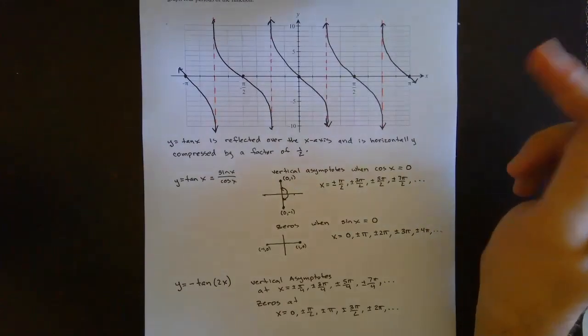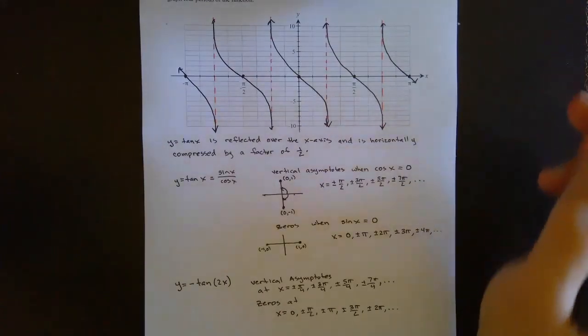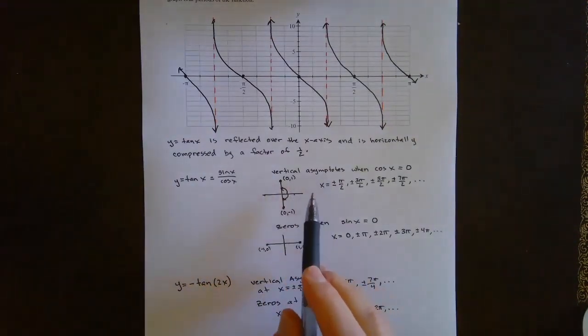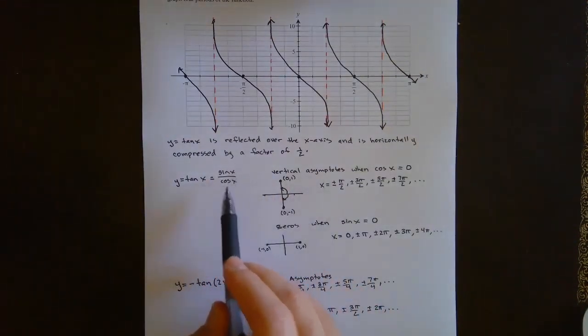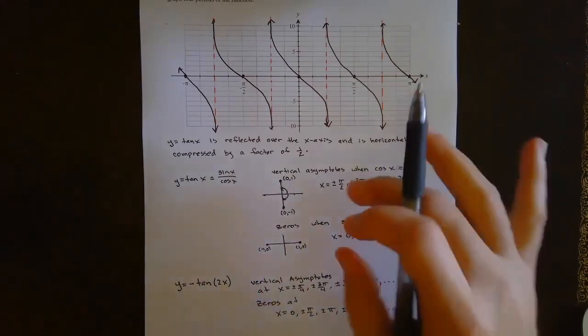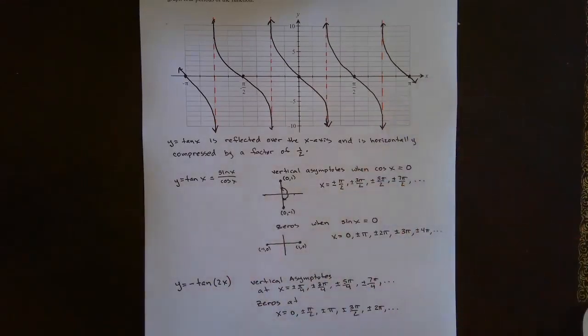What's important is that you realize what is causing the vertical asymptotes: it's when cosine of x is equal to 0. And what does this 2 cause? It causes all of the normal vertical asymptotes and zeros to be half of what they normally are. And then the reflection happened. So you can do it this way. Let's go to the next example.